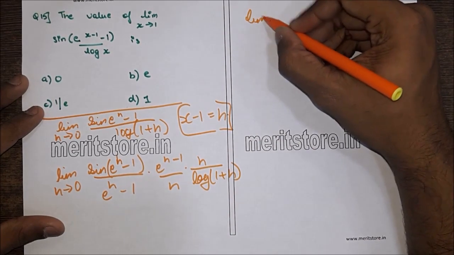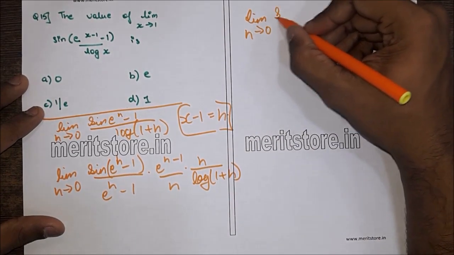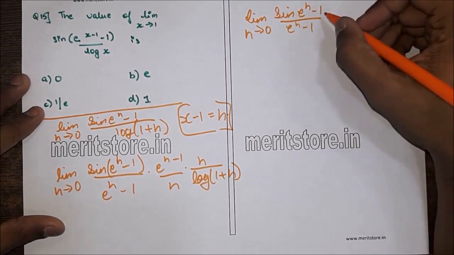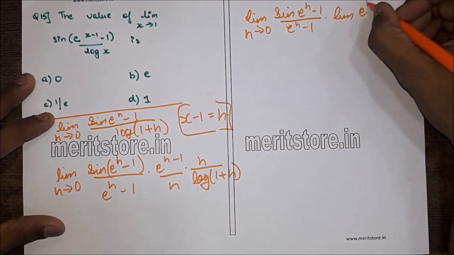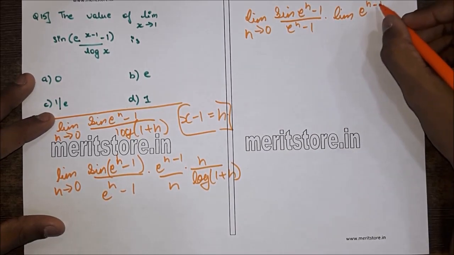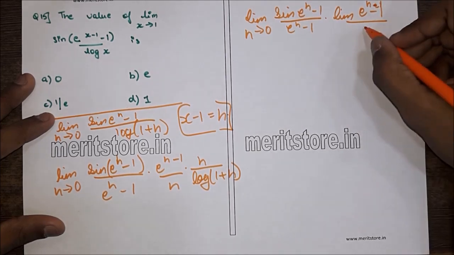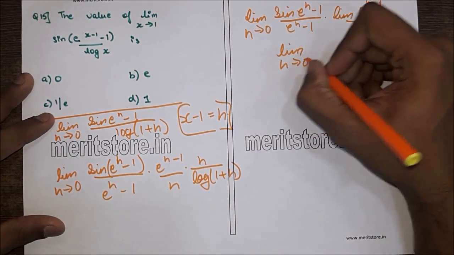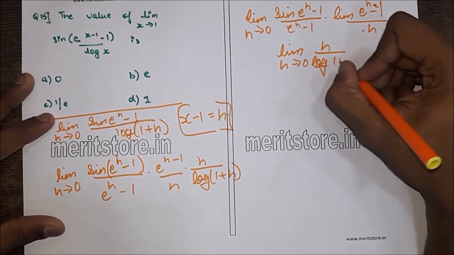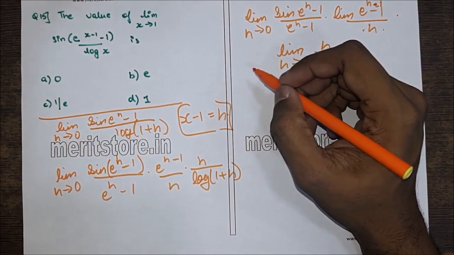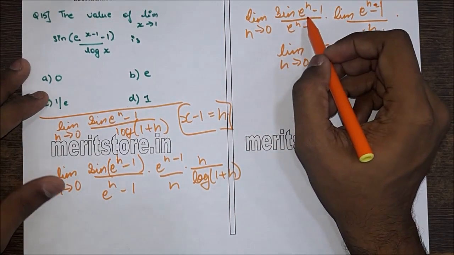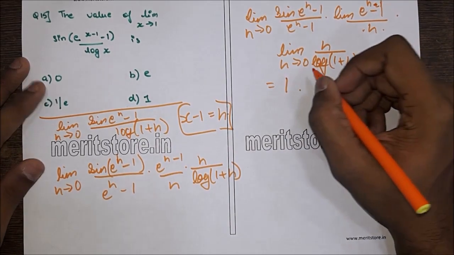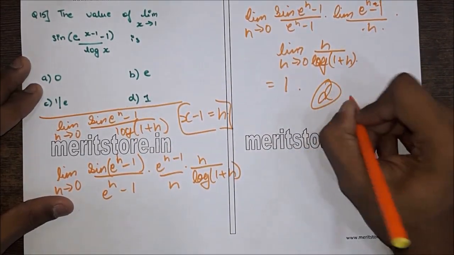This gives us limit of h tends to 0 sin of (e raised to h minus 1) upon (e raised to h minus 1), into limit of (e raised to h minus 1) upon h, into limit of h tends to 0 h by log of (1 plus h). Applying the limits into all of these terms individually, we get the answer 1, which is option D.